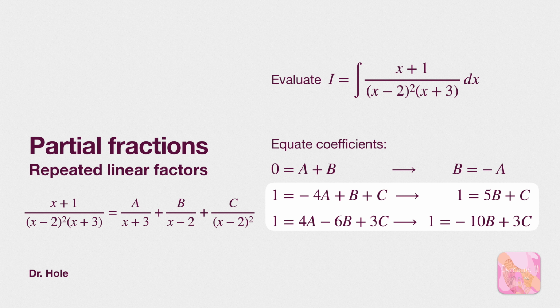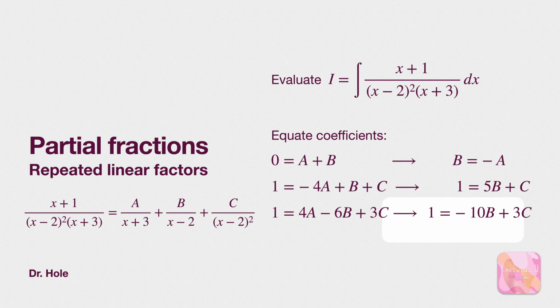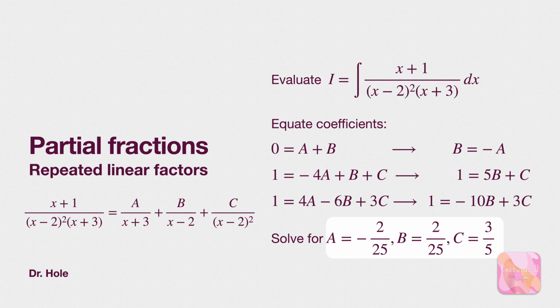And then by doing that, we have a system of two unknowns and two equations for those two unknowns, allowing us to then solve for the b and the c. And then knowing what the b is, we can use our first equation to write down the a.